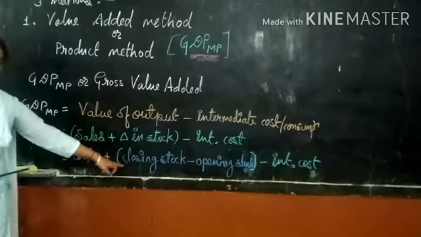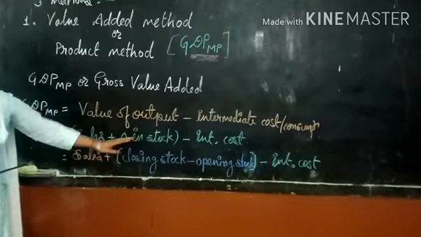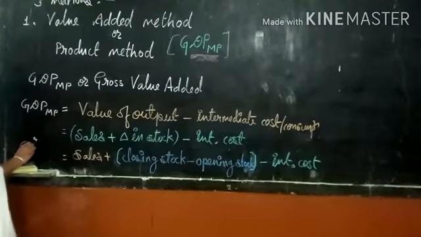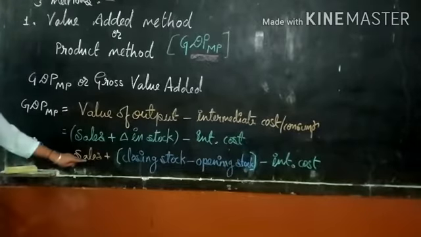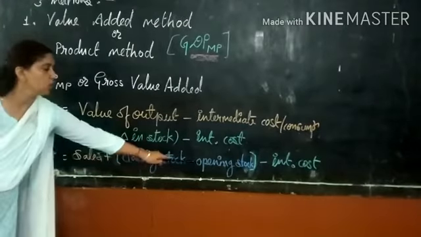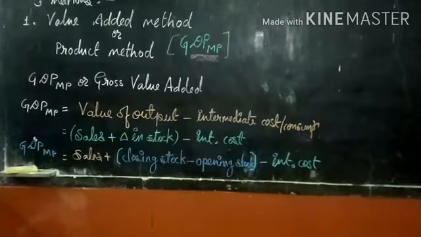Closing stock minus opening stock will give us change in stock. Now the formula to calculate GDP MP is sales plus (closing stock minus opening stock) minus intermediate cost. We will use this formula to calculate national income in term of GDP MP by using value added method.